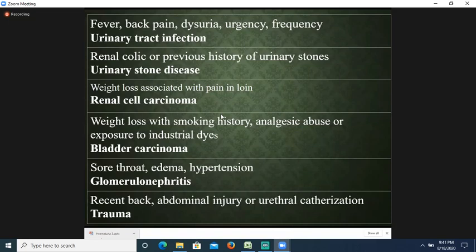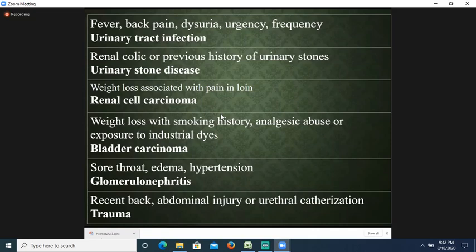If he gives a history of sore throat, edema, hypertension, then again a kidney disease would be the reason. Recent back pain, abdominal injury, or urethral catheterization, which is trauma, could be the reason for his or her hematuria.